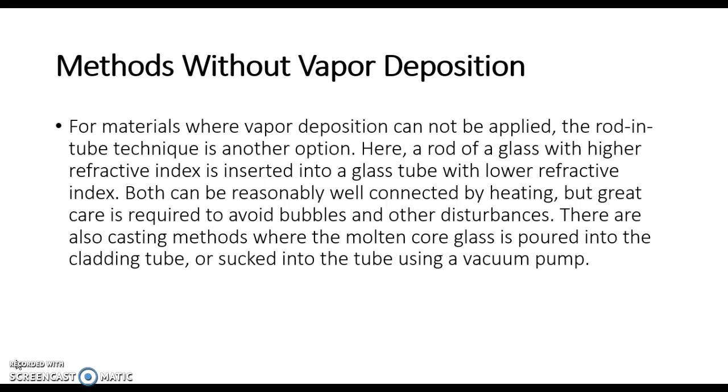Both can be reasonably well connected by heating, but great care is required to avoid bubbles and other disturbances. There are also casting methods where the molten core glass is poured into the cladding tube or sucked into the tube using a vacuum pump.